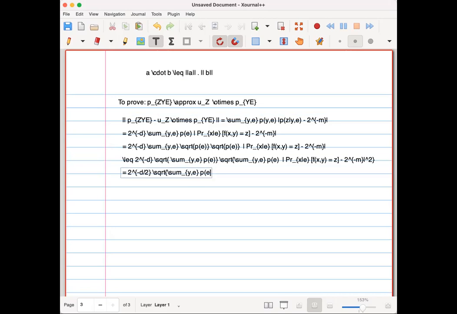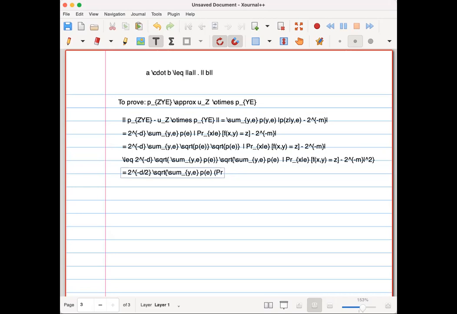Sum over y, p, and now I'm going to square the quantity in the absolute value. Mod square, so I can forget the mod since I'm squaring it.